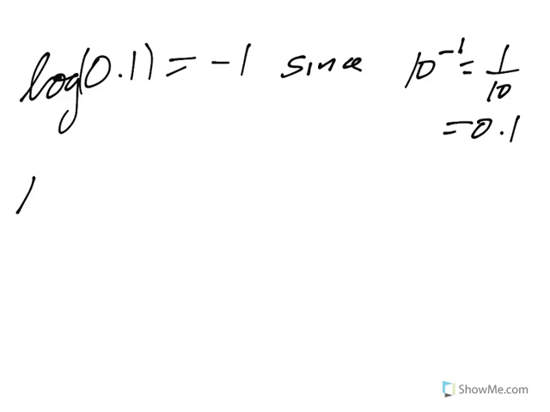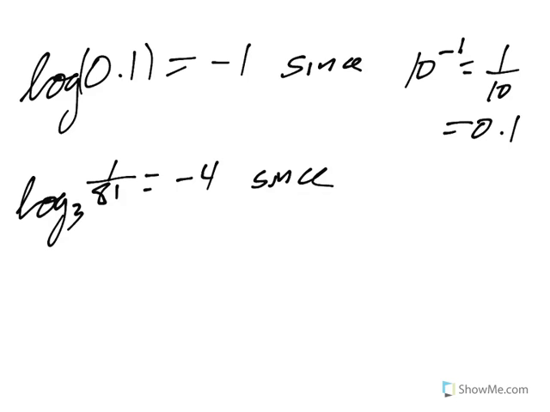Maybe one more. The logarithm base 3 of 1 over 81, well, that's negative 4. Since when I start breaking this down and I go, okay, what exponent do I put on 3 to get that fraction? Well, it's a fraction, so of course it's going to be a negative exponent.